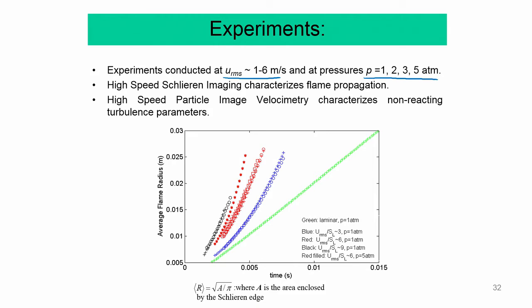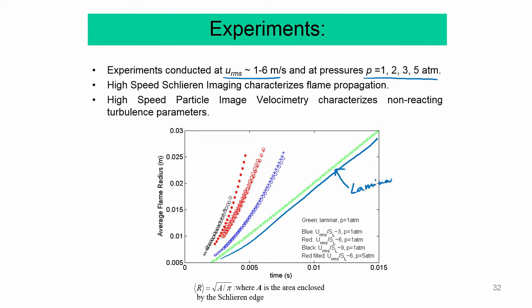So, if you now plot the average radius versus time by extracting it from the images of the different flames, first, before going into the turbulent flames, let us compare with the laminar flame. This is the average radius versus time for a laminar flame.